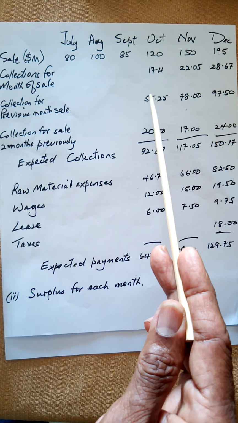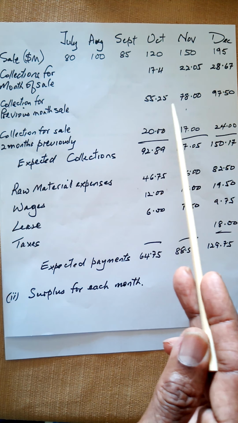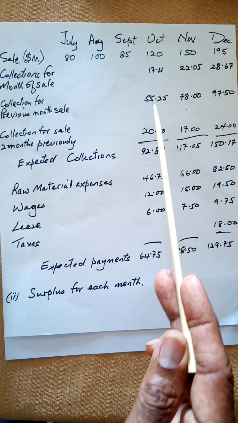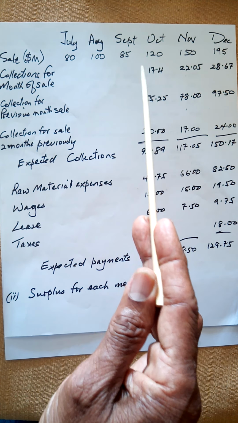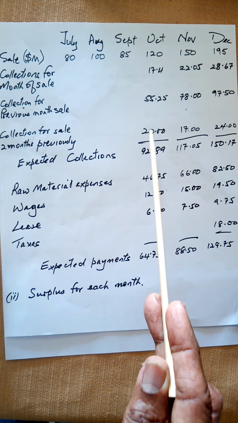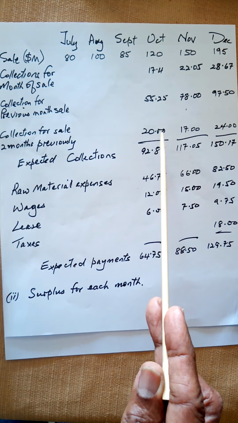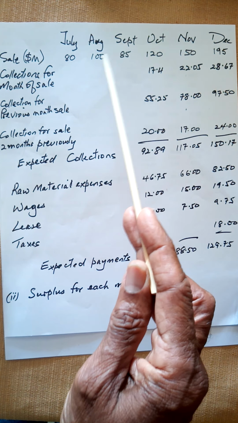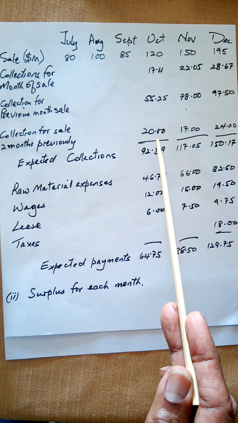And according to the question, the remaining 20% of sales is collected in the second month following the month of sale. So 20% of August sales will be collected in October because October is the second month after the month of August sales.